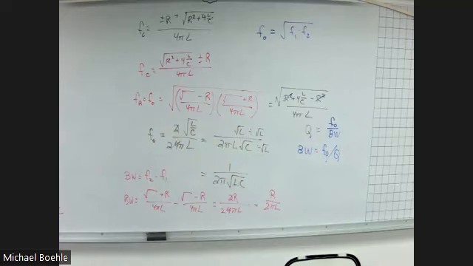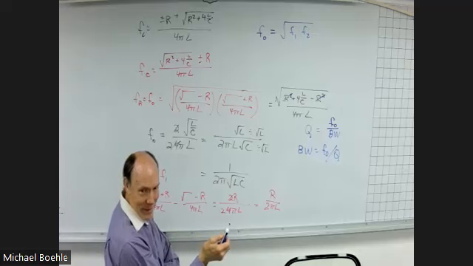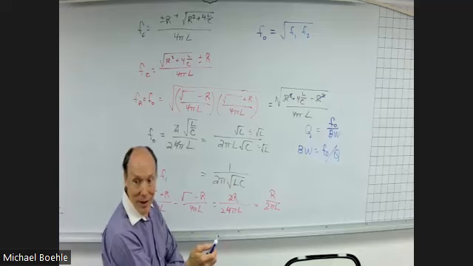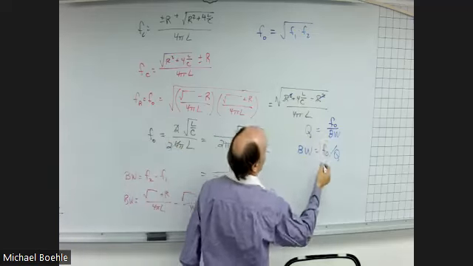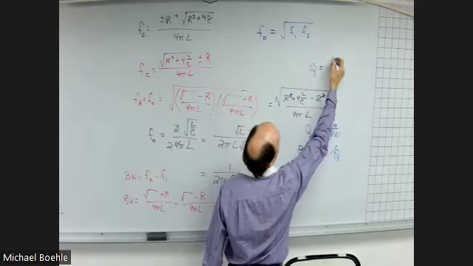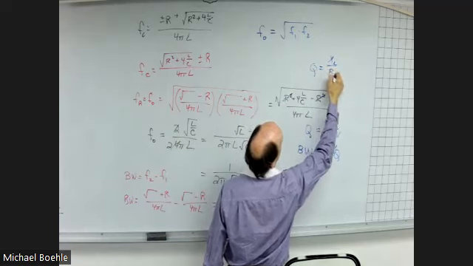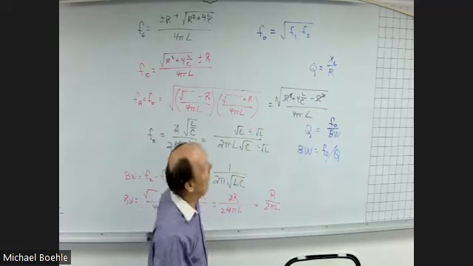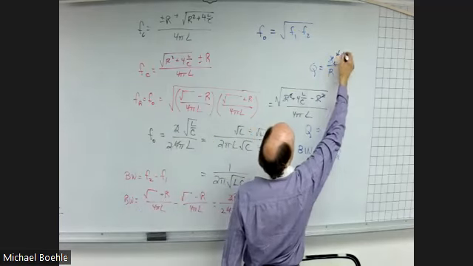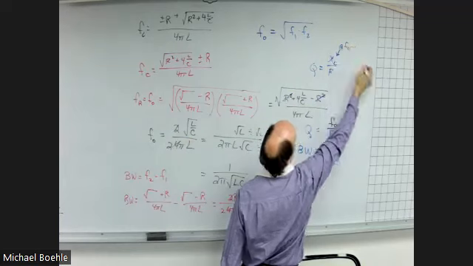Well, we haven't really done anything with this, have we? Oh wait, we do have a formula for Q. Anybody remember the formula for Q? Q is calculated by taking the inductive reactance divided by R. And that's the inductive reactance at resonant frequency.